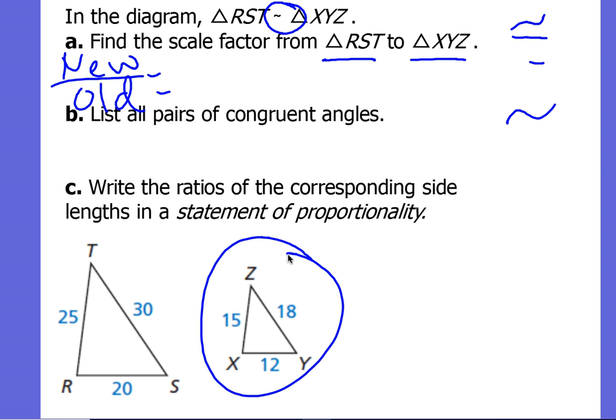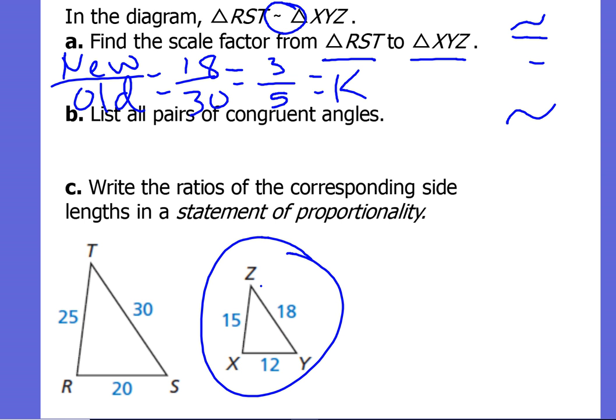Well, you can choose any of these sides, and we see that YZ matches up with ST. And so in that case, you get 18 over 30. We want to try to simplify this as much as possible. So 6 goes into 18 3 times, and 6 goes into 30 5 times. So that scale factor would be 3/5. And I'm going to write that, that's equal to K. This K is our scale factor.